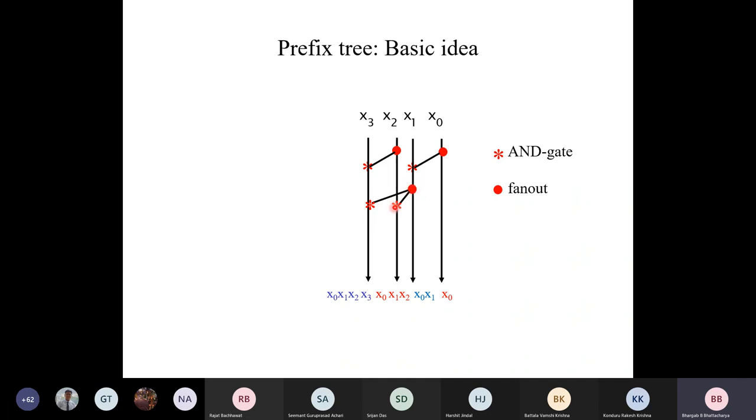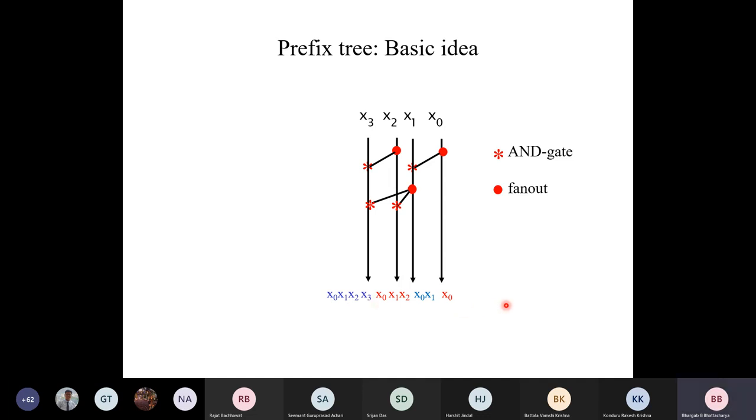This is again an AND gate, so it is multiplied with x2, and you get this term here. And you fan this out here. So this carries the signal x0, x1, and this line already has x2, x3 computed because of this AND operation. You take another AND operation and you finally get this, right?